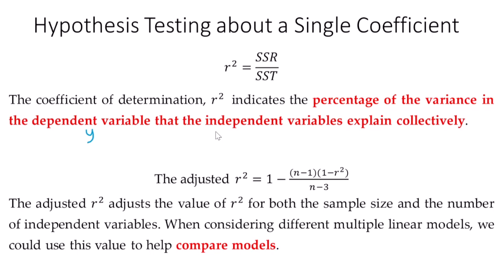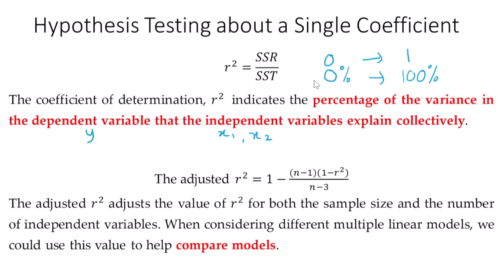In our case, that would be x1 and x2. The value of R-square ranges from 0 to 1. Usually, these values are converted to percentage, so it is multiplied by 100%. So 0 becomes 0% up to 100%.